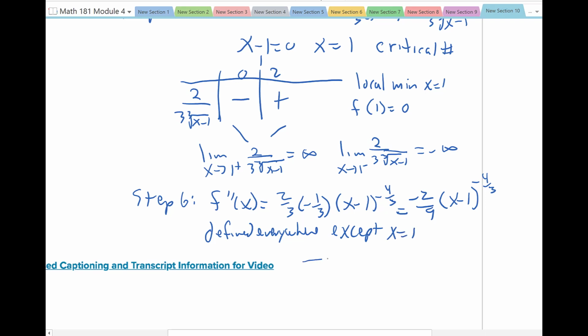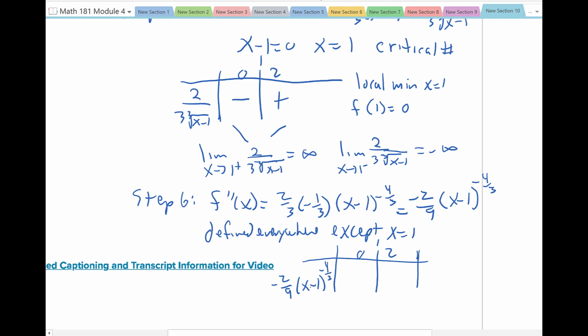So if we make a little chart, call this 1, go 0 and 2, and it's just going to be that negative 2/9 times x minus 1 to the negative 4/3.